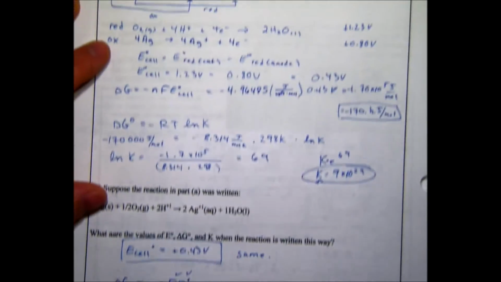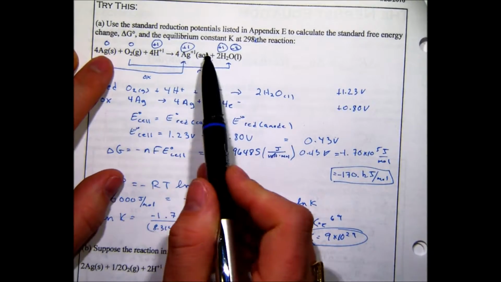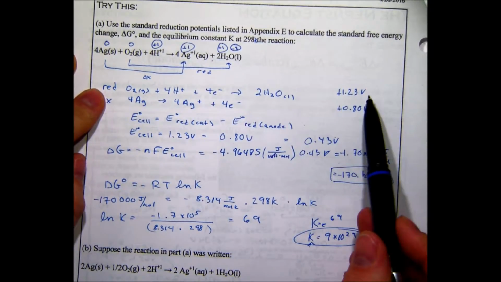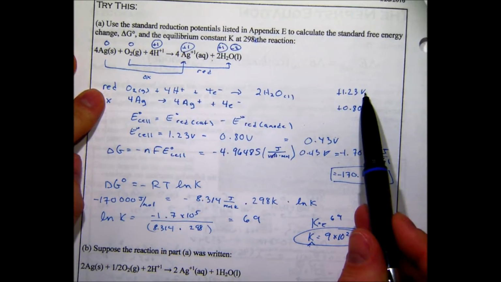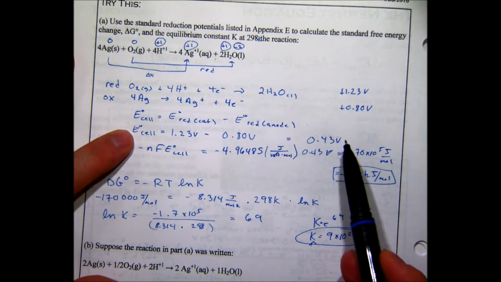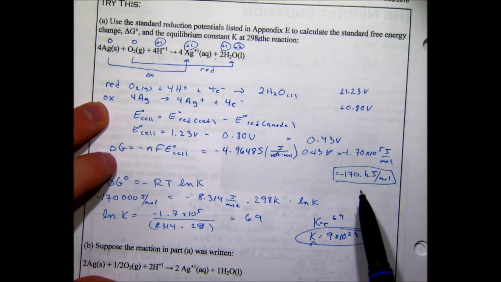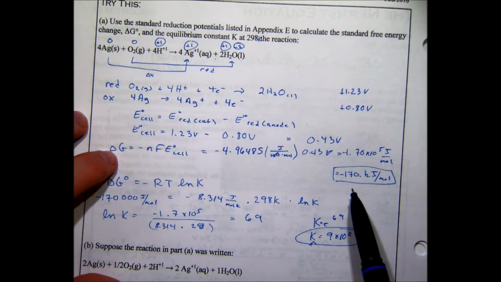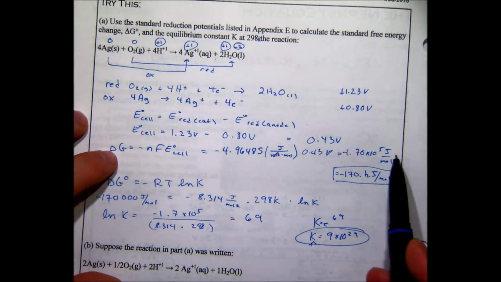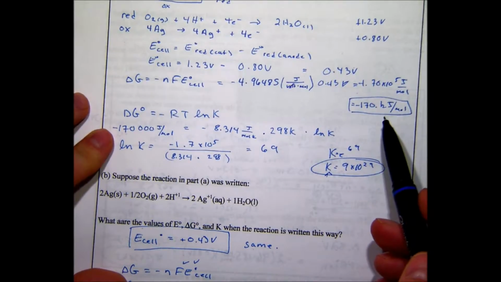So just a quick review. In this particular problem, we used oxidation numbers to determine the half reactions. We went to Appendix E and got our cell potentials. We calculated the standard cell potential based on the reduction and oxidation that the equation showed us. We calculated delta G in joules, but then converted it to kilojoules just for reporting purposes.